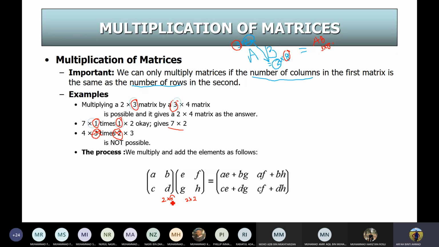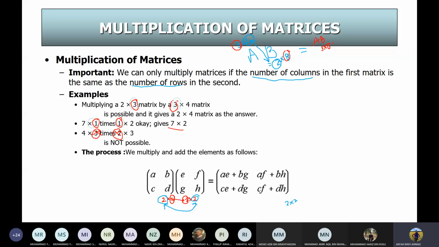So first matrix dia ada 2 kolom, second matrix dia ada 2 row. First tengok order of the matrix. Okay, so sama meaning that kita boleh buat dia punya multiplication. So kalau sama, awak kena terus remember hasil dia mestilah satu matrix yang 2 darab 2.